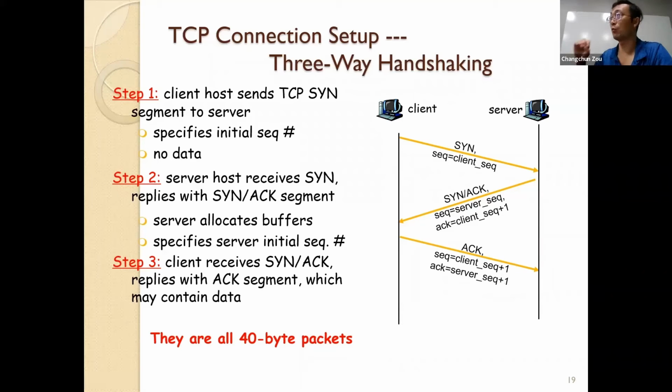It doesn't mean that there is one single byte of data. So after these 3 packets, the client and server can begin to send actual data to the other end. That's why the TCP connection request is also called a 3-way handshake, because there are 3 packets going on before you actually have data communication.